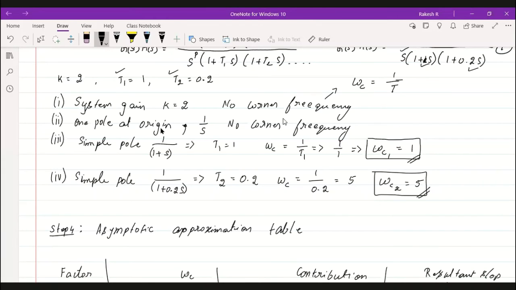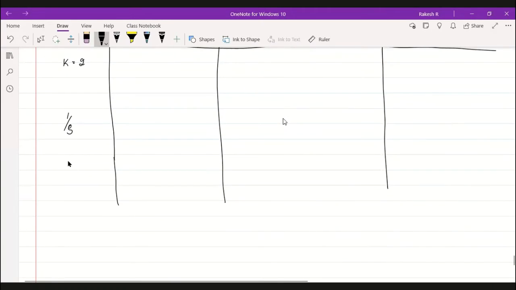The second one is the pole or zero at origin, which we have chosen. After that, you need to choose a simple pole, or it might be quadratic also, but it should have the lowest corner frequency. That is omega C1 equals 1, 1 divided by 1 plus s. This is the third factor here.